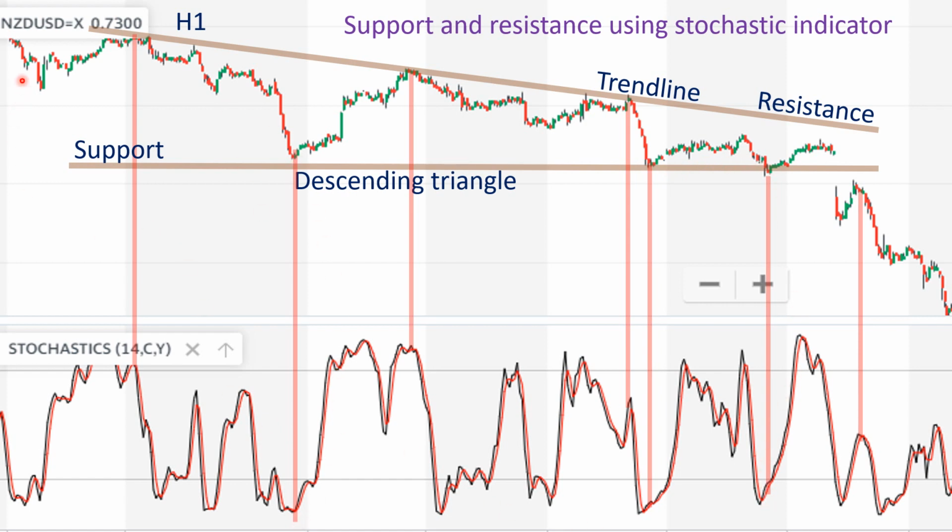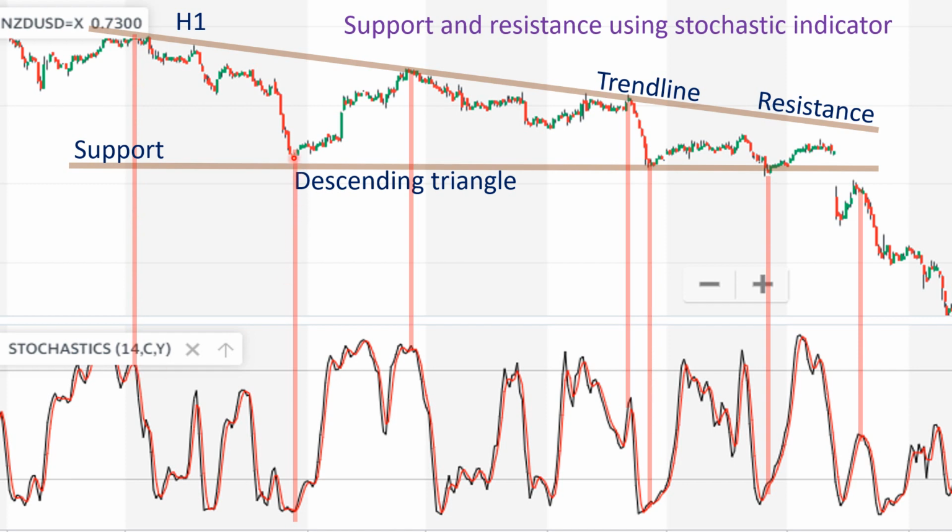Now here the price is originally going upward and it gets rejected by the resistance area and goes downward. So here you have to go short, and if you look at the stochastic indicator, it is in the overbought area where you have to go short or exit the market.